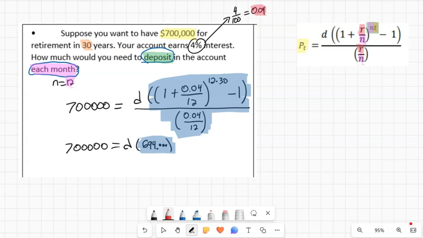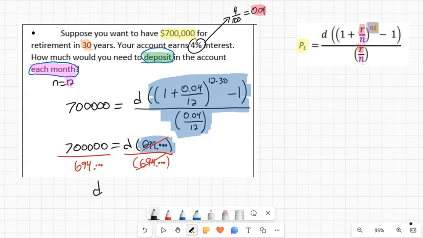So to solve for D, I just want to divide by all of that mess of number on both sides. And I can solve for D.